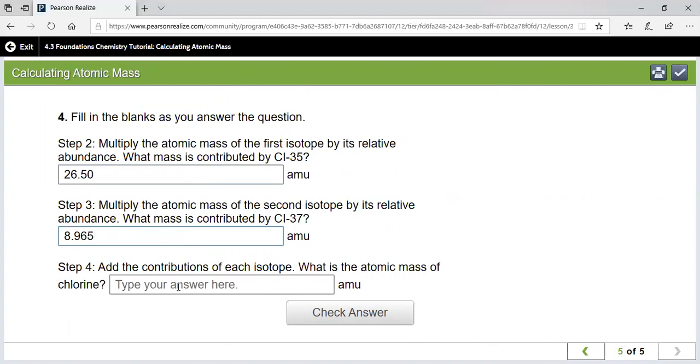And if we add them together, 26.50 plus 8.965 will be 35.465. And that's the answer.